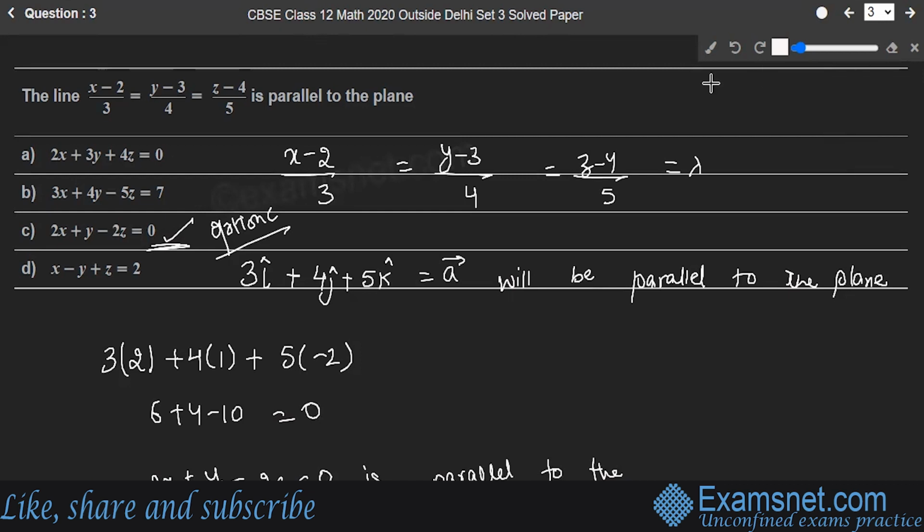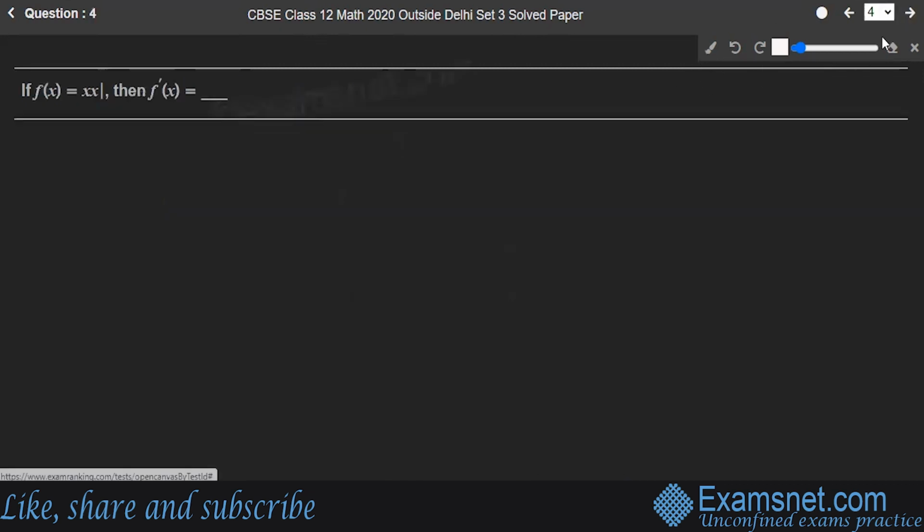Hope you understood that. So now let's move to the next question, number 4. You are given that f of x is equal to, there's a misprint over here. This is x into this. This is mod of x. So the given function f(x) is equal to x into mod of x. You have to find out f dash x. See, this is pretty easy, right?